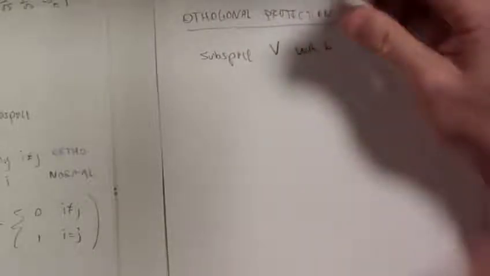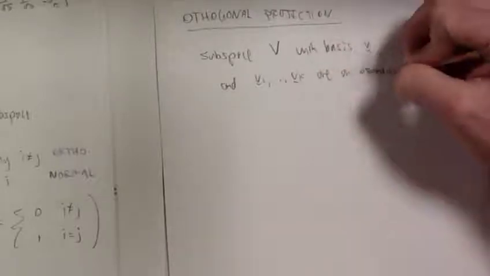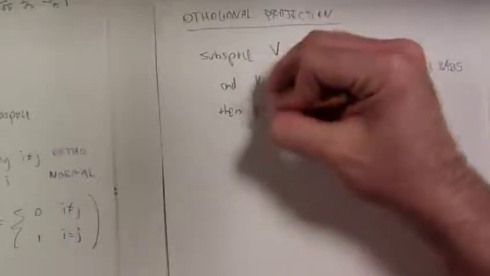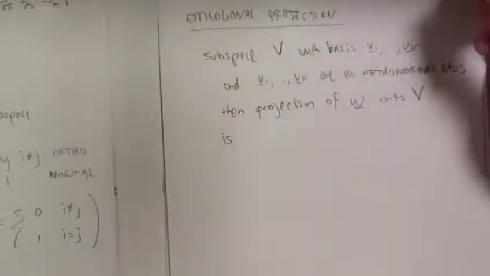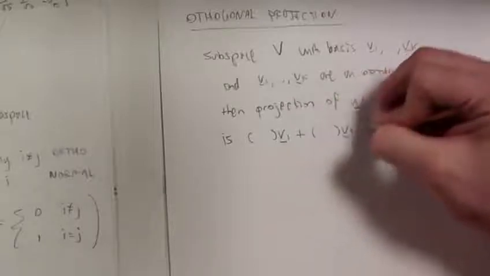The orthogonal projection is that if you have a subspace V with basis V1 up to Vk, and V1 up to Vk are an orthonormal basis, that's important, then the projection of W onto the subspace V is, well, you know the projection is a new vector that's in V, so you know it's something times V1, I will put something in these brackets, plus something times V2, plus something times Vk, and the something that it is is the dot product.